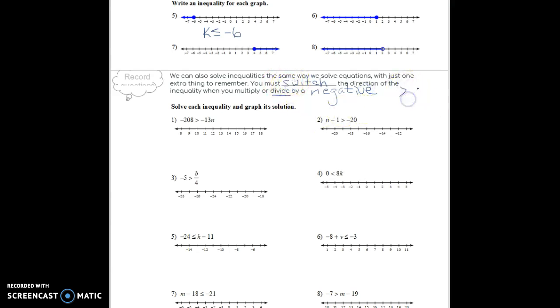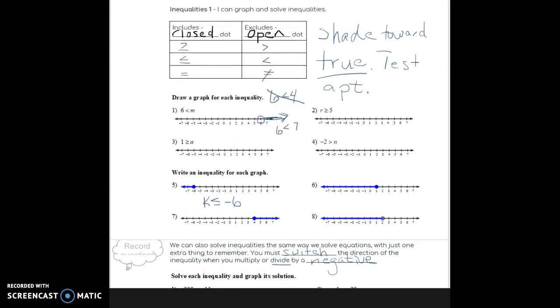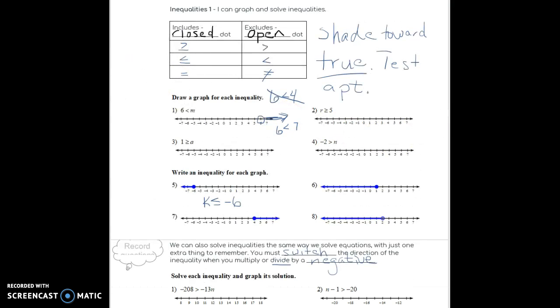So if it's going this way and I multiply or divide by a negative, I change it to go the other way. If it was going this direction, I would change it to go the other way when I multiply or divide by a negative. If you're interested, you can come ask me and I'll show you why we have to do that.